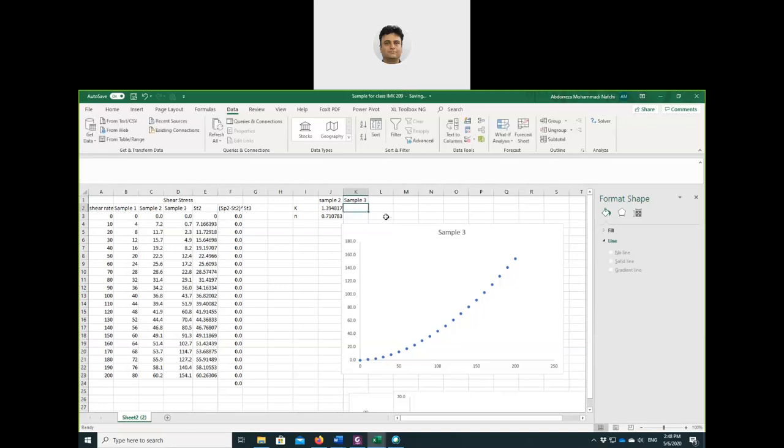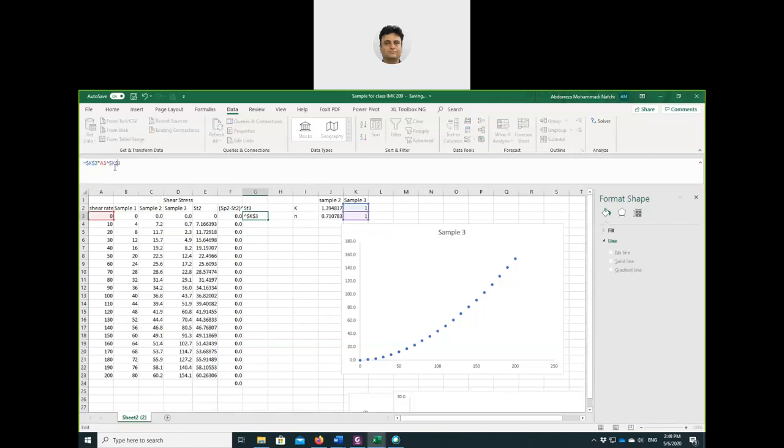Okay, again I start with 1 and 1. This one is equal to K multiplied by shear rate power n. Just fix the constants by using the dollar sign before and after, just the letter, not the whole.